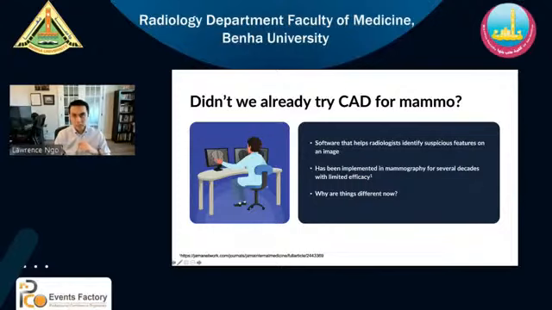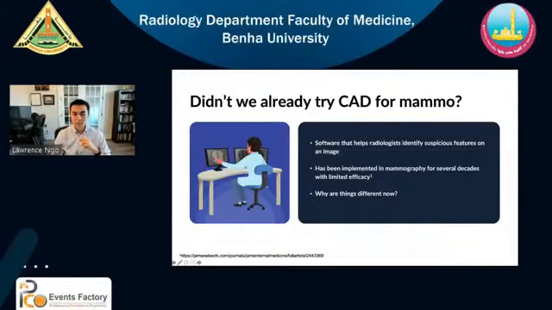I don't know if people in the audience have used the tool directly themselves too. Further, a lot of systematic studies showed that CAD did not increase mammographic diagnostic accuracy. And so I think there's been a challenge with its adoption and also its business case.